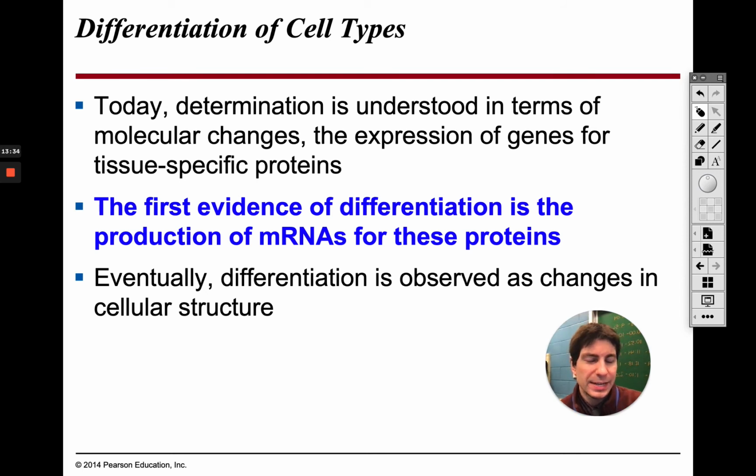We couldn't use the DNA because all of the DNA doesn't get transcribed, and then all of that mRNA doesn't get translated. So the first evidence of differentiation that we found was in the production of mRNAs for these proteins.